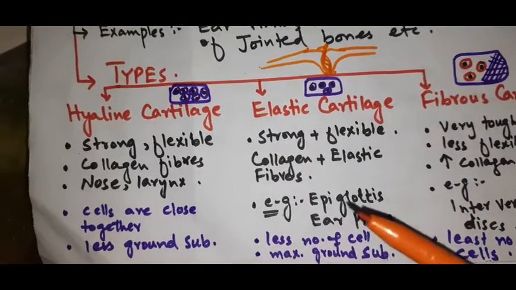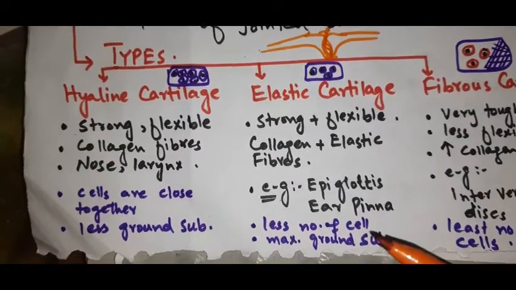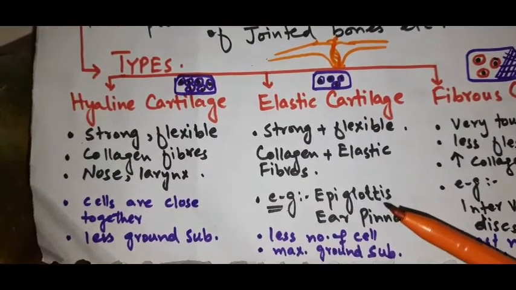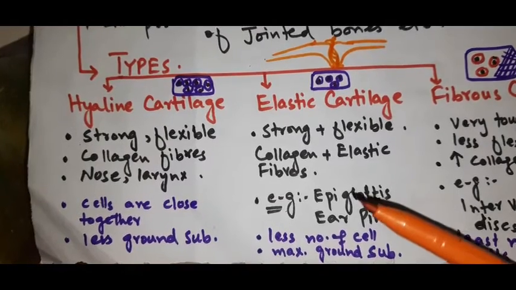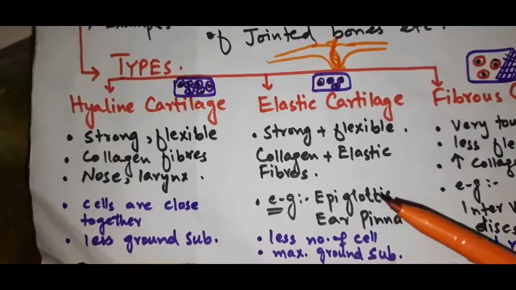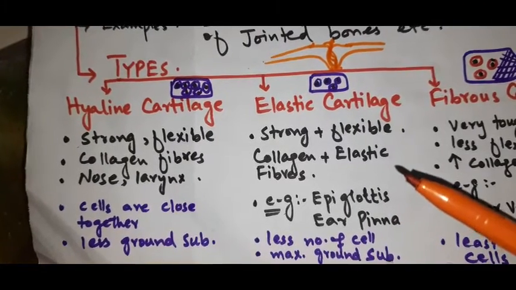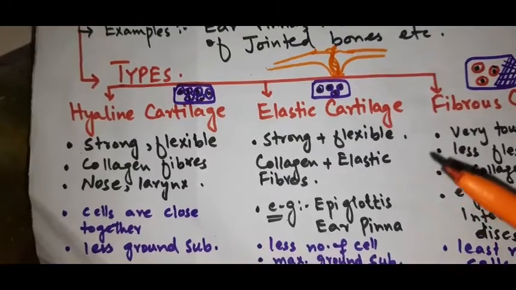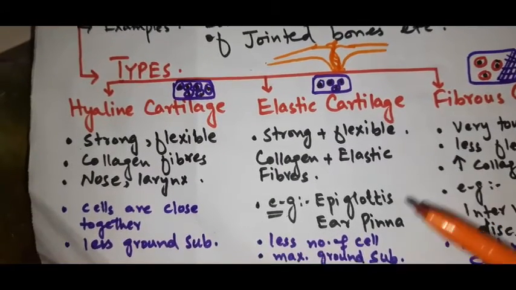The examples are the epiglottis and ear pinna. Epiglottis means epi, above, and glottis is the part of the larynx, right? It is just like a flap which covers the larynx, right?